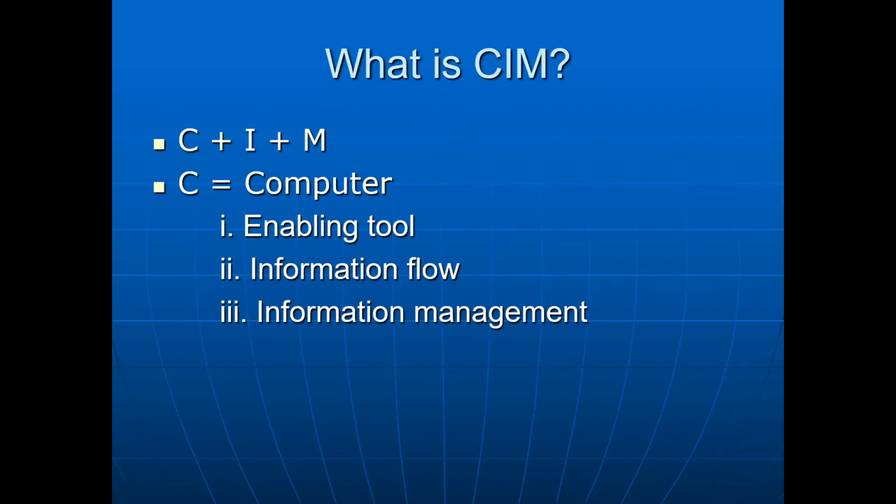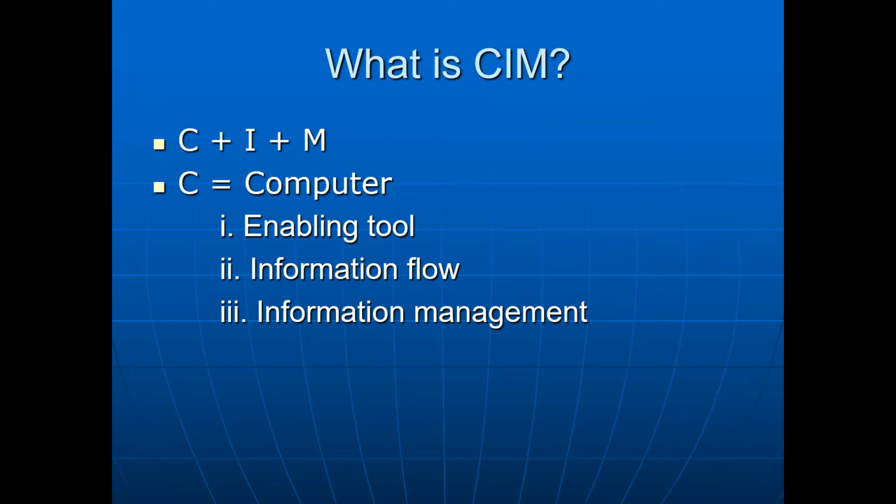So what is CIM actually? CIM is computer integrated manufacturing. The C refers to computer, because in CIM we use machines that enable the tooling system.